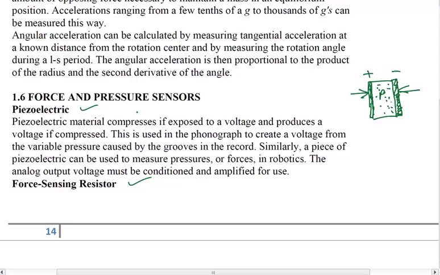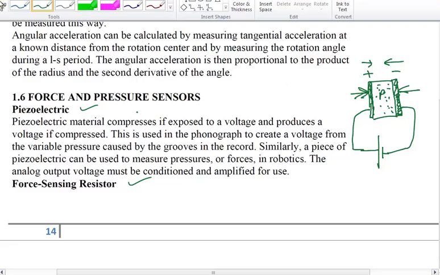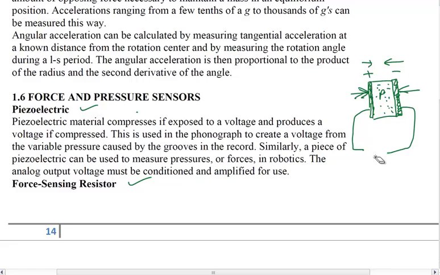And it is vice versa. That means if you take this side and connect it to a battery, then when the current flows, the piezoelectric will compress. So it is vice versa. If you compress this, you will get a voltage out of it, which you can actually measure using a voltmeter.